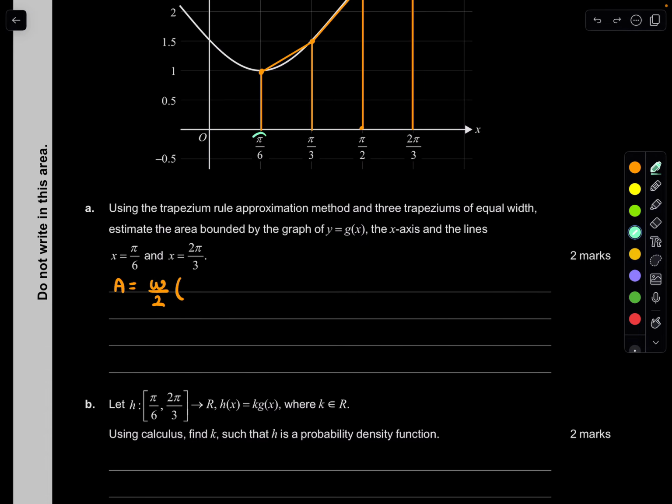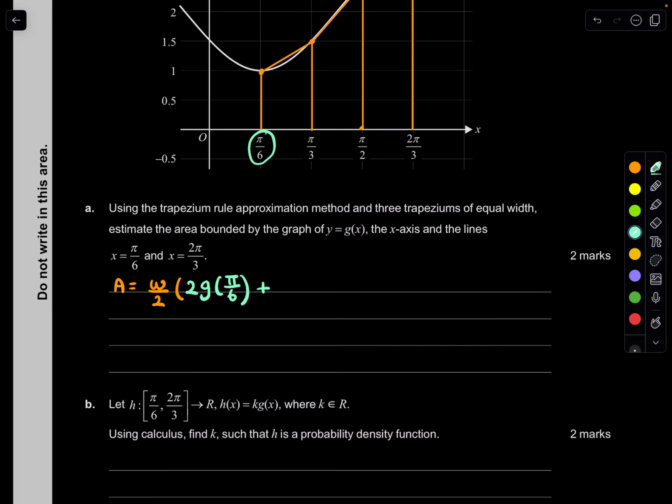Your starting value and your ending value are quite special. How? You know your pi on 6 here, because it's a starting value, we write 2g of pi on 6. You can see that where you're starting and where you're ending are going to be doubled, whereas the other ones are just going to be normal.